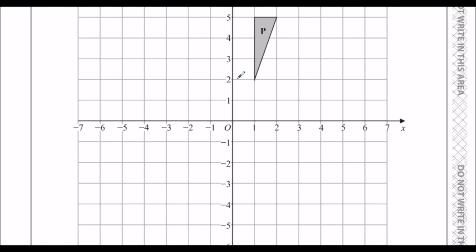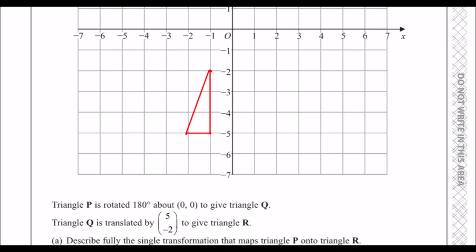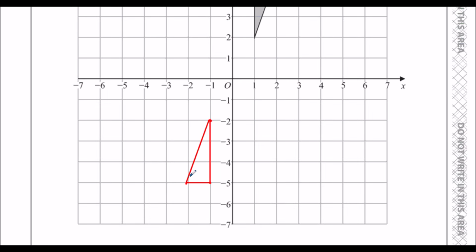So this 1, 2 will spin round and be at negative 1, negative 2. 1, 5 will be at negative 1, negative 5. And 2, 5 will be at negative 2, negative 5. So this is where the triangle will go once it's been rotated 180 degrees. So that's triangle Q. Label that.